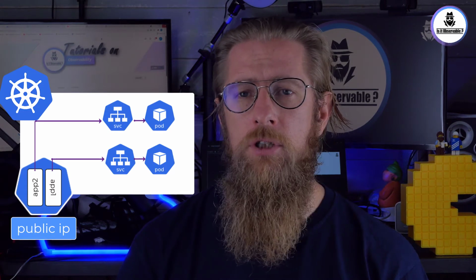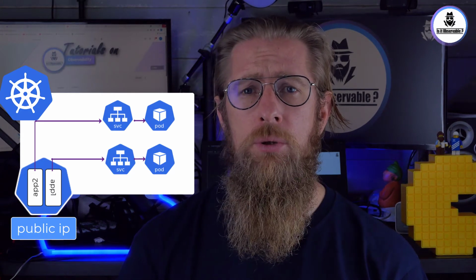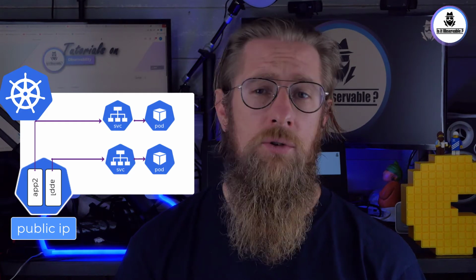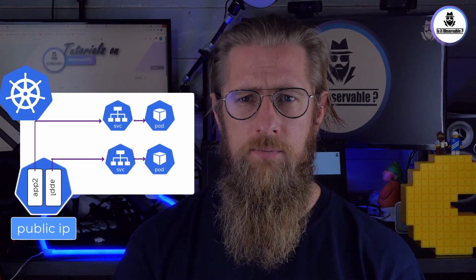Let's say we have an HTTP domain /app1 that we want to route to service 1, and we have another path, my domain /application2, that we want to route to service 2. So we will create two backend rules to route the path 1 to application 1, which will be our service 1, and the path 2 to service 2.